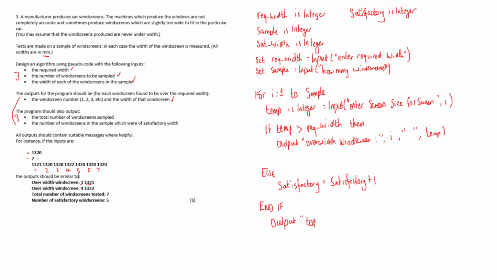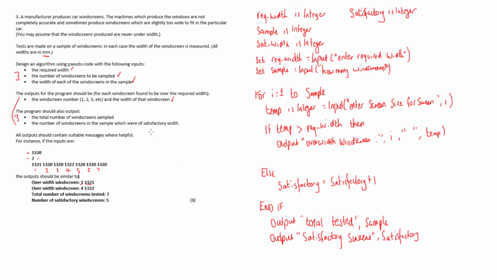I'll put total tested, comma, sample. That's that one. Number of satisfactory windscreens, output, satisfactory screens. My writing's getting worse. And that will be satisfactory.